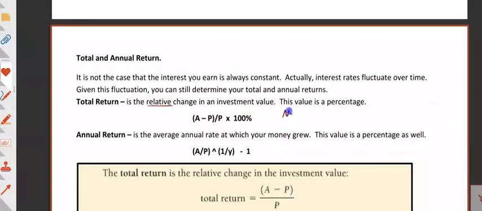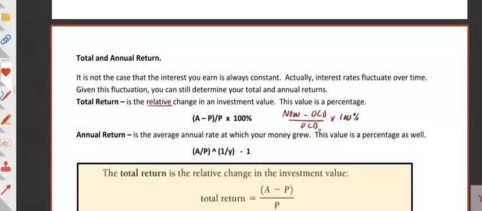It's that new value minus the old value divided by the old value. And we multiply it by 100% to get a percentage. So the new value is the resulting balance. The old value is the principal, divided by the principal.